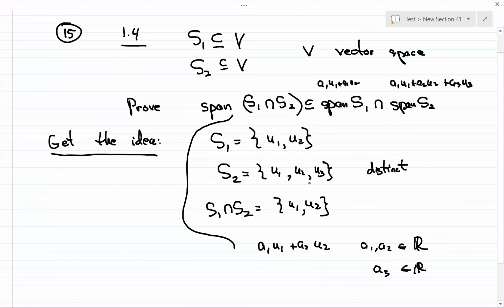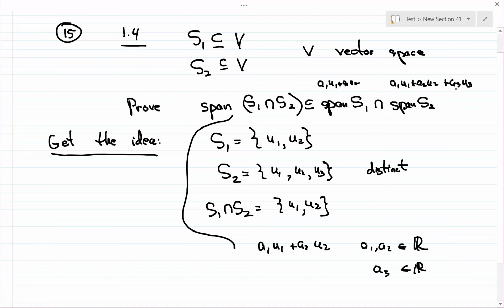So for this simple example, let's see if everything works. Things in here look like a combination of U1 and U2. Things in here look like a combination of U1, U2, and U3. But I'm arguing that everything in here is also in here.